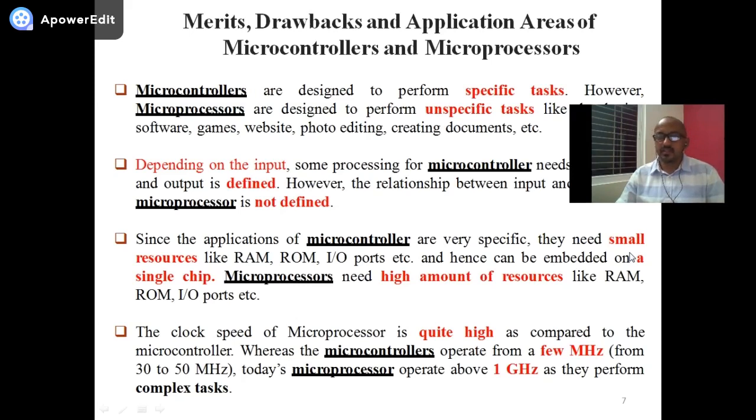For example, the 8051 microcontroller uses only an 11.059 megahertz clock externally. And for the ARM Cortex M3 microcontroller in the lab, we are using only 10 megahertz, even though it can handle 100 megahertz.